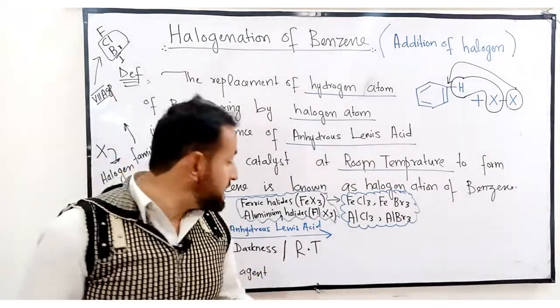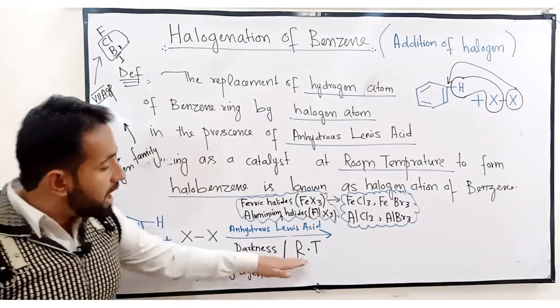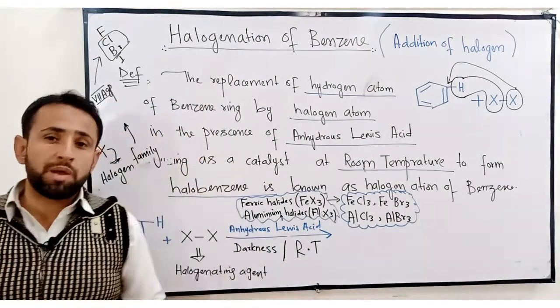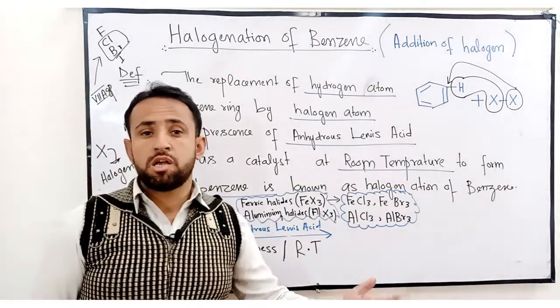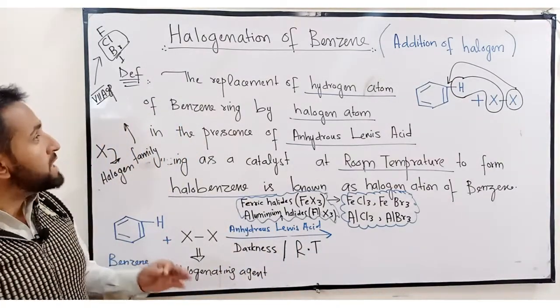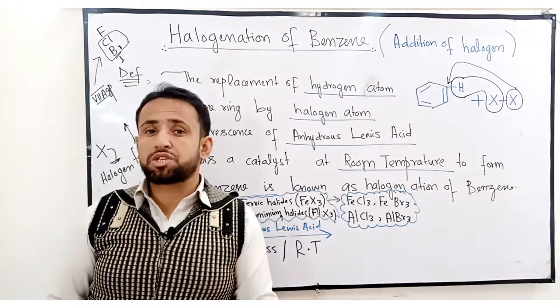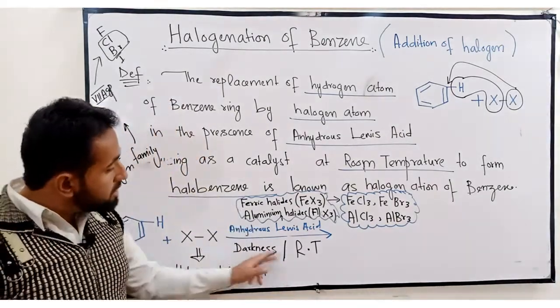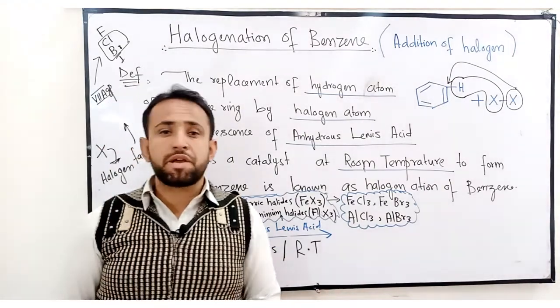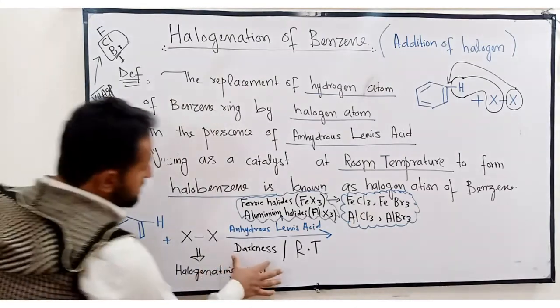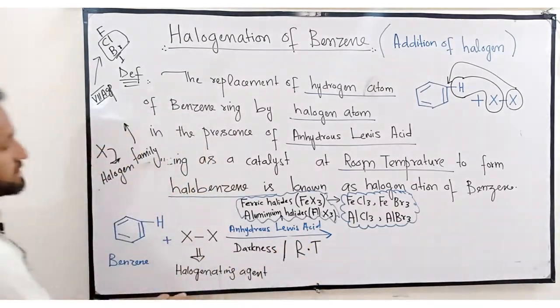While in the case of darkness and RT, our reaction will be a substitution reaction and the product will be the substituted product. Since benzene wants to go through substitution reactions rather than addition reactions, these two are the requirement for the substitution reaction of benzene. So we use darkness plus RT in this reaction.